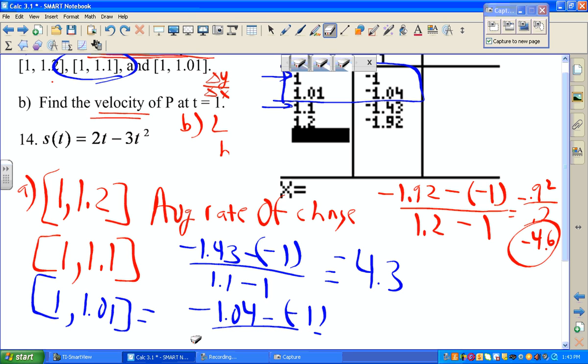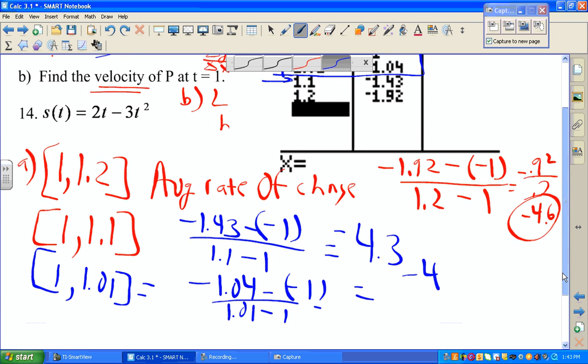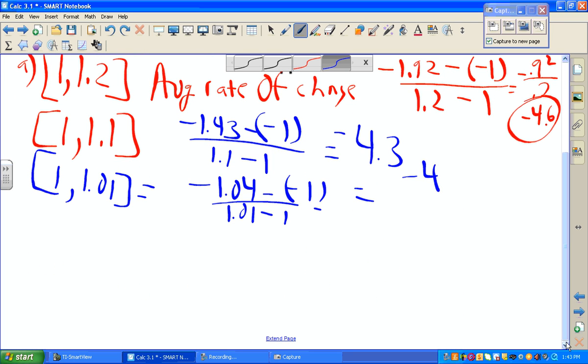How's everybody doing? So you end up with negative 4. Yeah, you end up with negative 4.